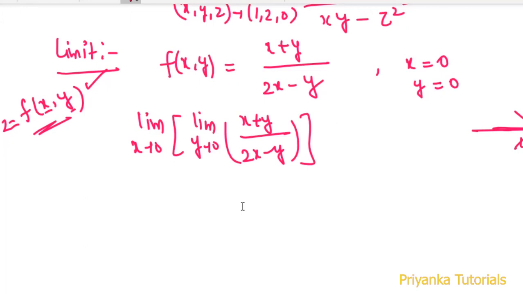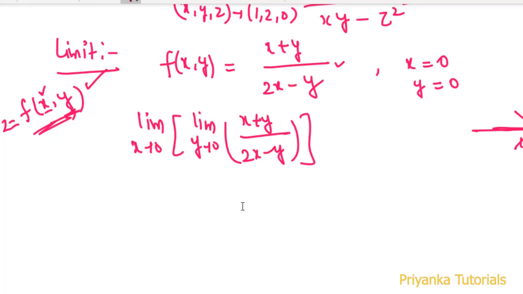As you see here, if I have to calculate the limit of this function, then at one time only one variable I can operate. The rest of the variables I have to put as constants. It is not possible to work on every variable at a time.